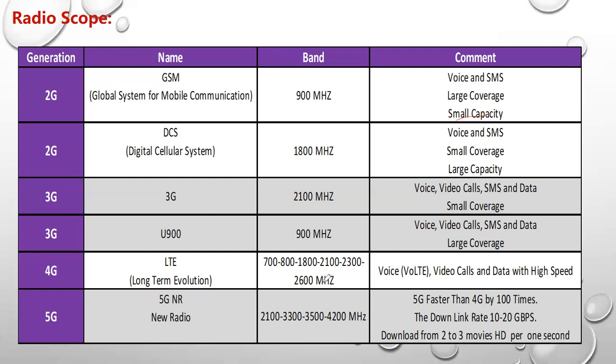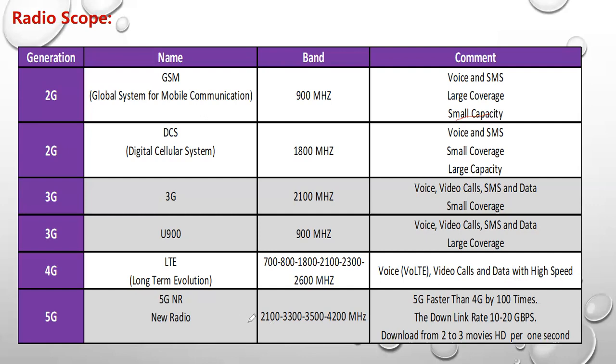We will understand the bands and their functions later on. Now, the 4G gave me the services of voice over LTE, and video calls, data or internet with high speed. When I open YouTube with 4G, I don't even wait for the video to buffer. If the network is good, its speed is very fast, and YouTube will open automatically in just a second.